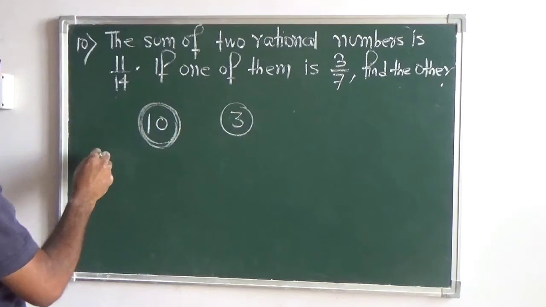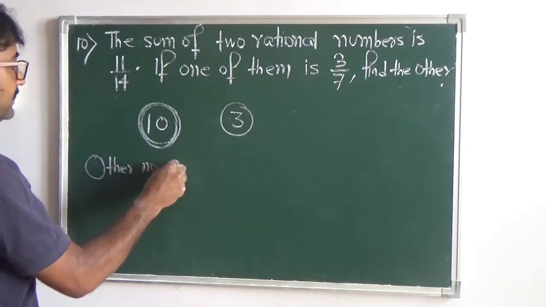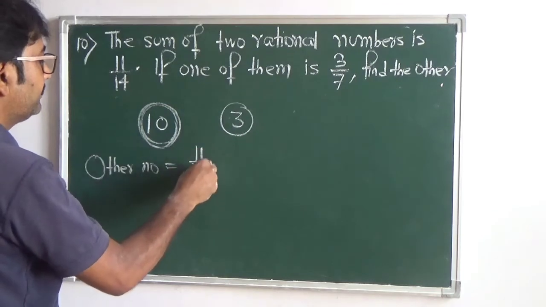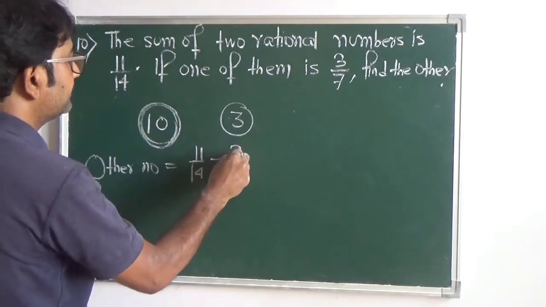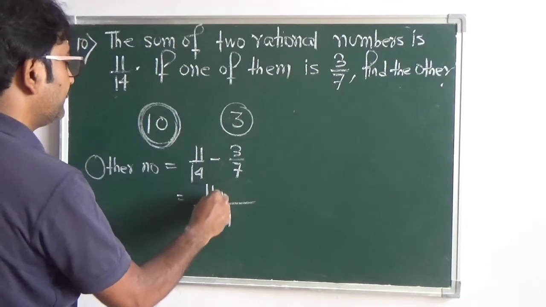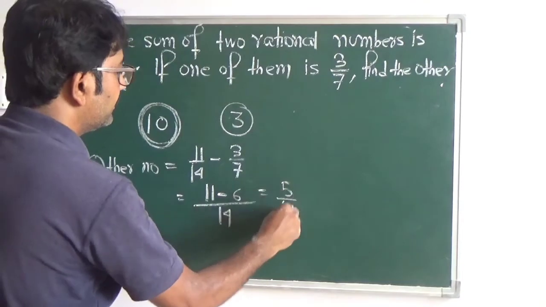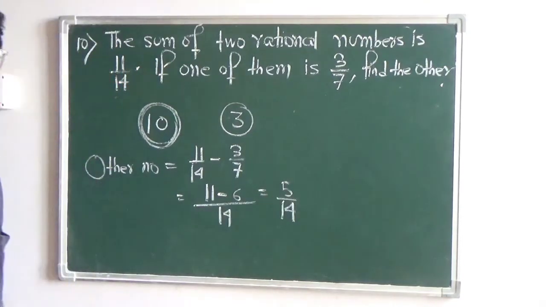So the other number is equal to 11 by 14 minus 3 by 7. So this is 11 minus 6, that is 5 by 14. It is clear, hopefully.